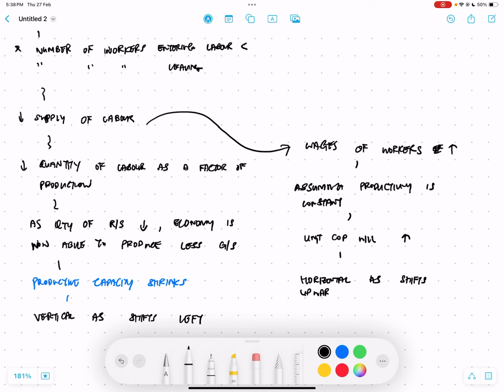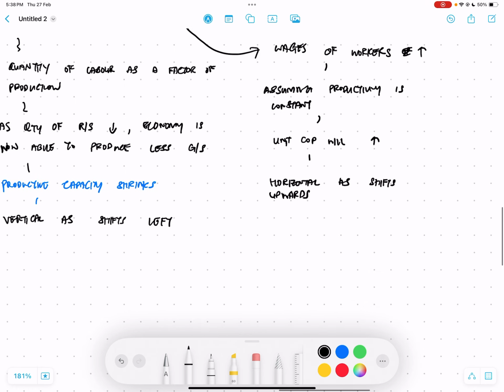So again, in class I mentioned this green color paragraph. You insert the green paragraph here. Okay, so what does the green paragraph say? It says that firms are only willing and able to produce the same output at a higher price.